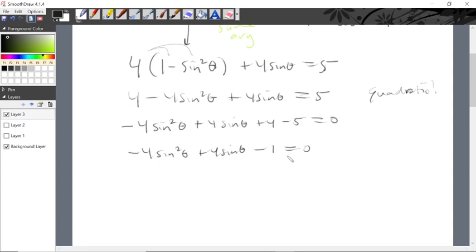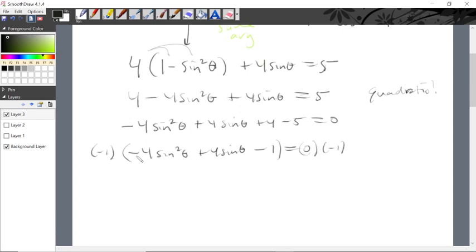Next thing I want to do is I would like to multiply by negative 1 because I don't want the leading coefficient to be negative. It can be, it's fine if it is, but it might be a little trickier to deal with the numbers. It's easier, in other words, to work with positive numbers than it is to work with negative numbers.